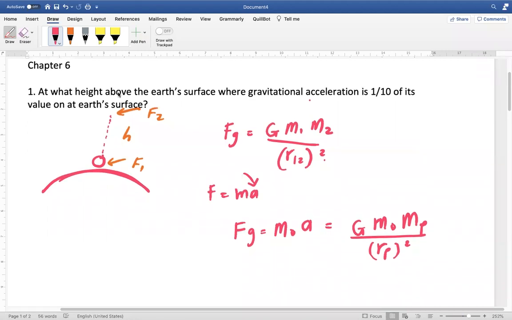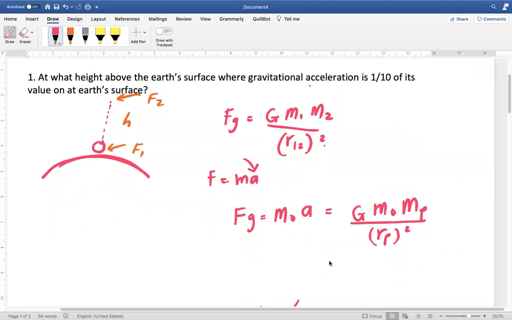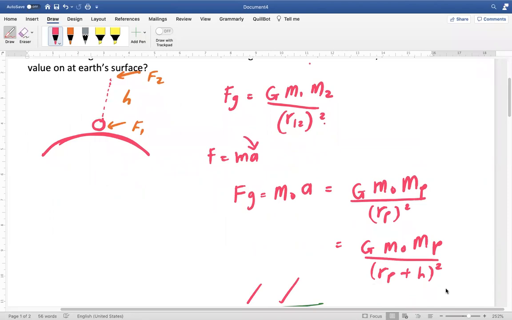But if the height is very large, your equation becomes G mass of object, mass of planet over R planet plus height squared. Okay, so the difference in acceleration between these two positions, let's say position A and position B. Position A is down here, position B is up here.